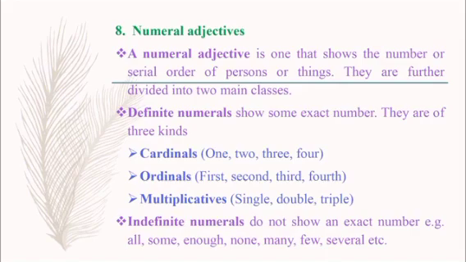There are three kinds: cardinals like 1, 2, 3, 4, ordinals like first, second, third, fourth, multiplicatives like single, double, triple. Indefinite numerals do not show an exact number. Example: all, some, enough, none, many, few, several, etc.